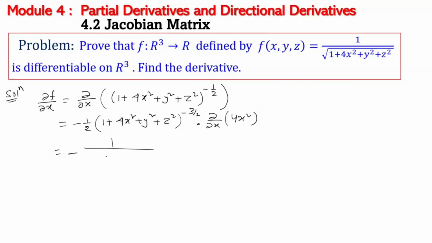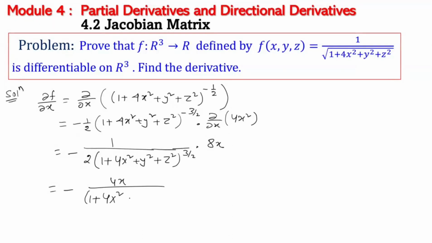So we can simplify it: this will be minus 4x over (1 plus 4x squared plus y squared plus z squared) to the power 3 over 2.